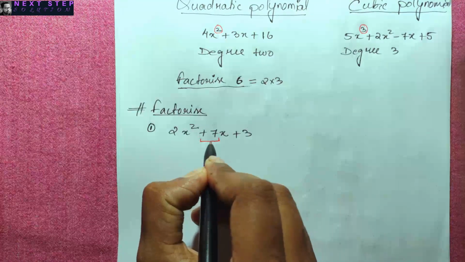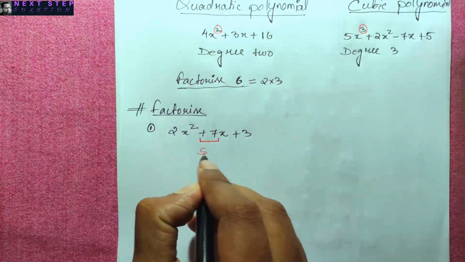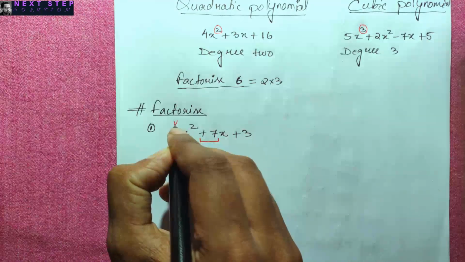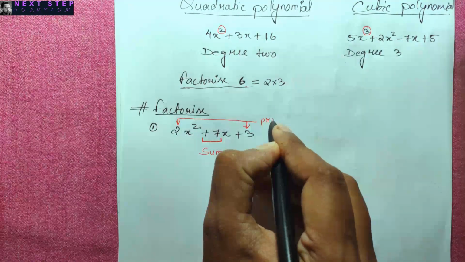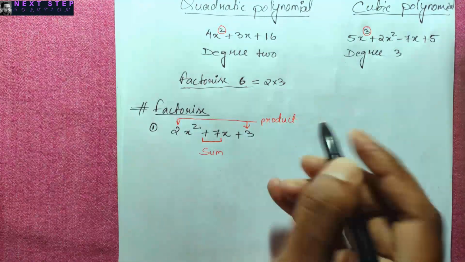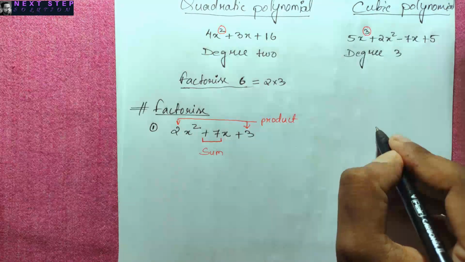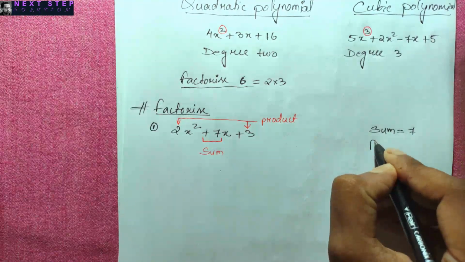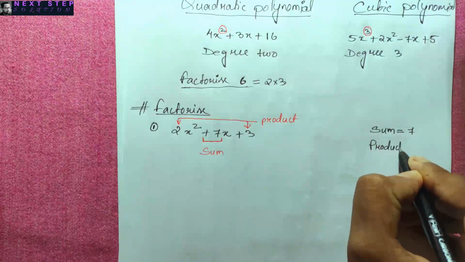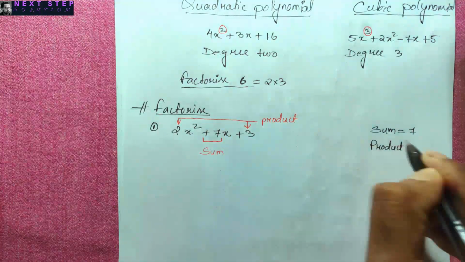The middle term is positive 7, which we call the sum, and then we multiply the first number with the constant, the last number, and this becomes the product. So here we can see the sum is 7 and product is 2 3s are 6.